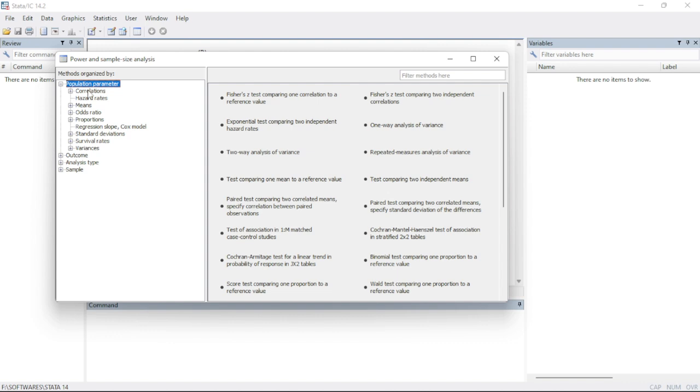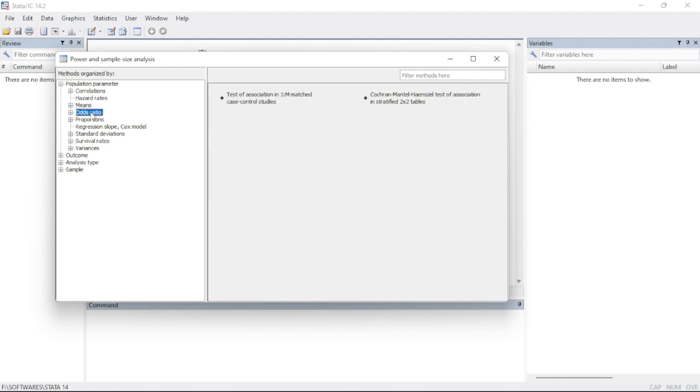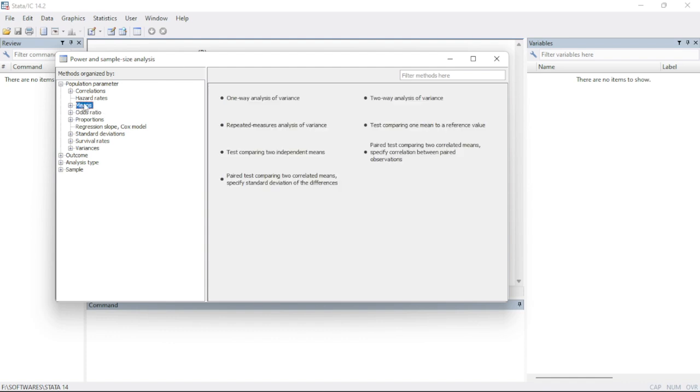In our case, we are generally going to be comparing means. Let's say the mean value for healing before intervention and after intervention, the mean trauma before and after. Most of the things here are around means. If our study was, let's say, logistic regression, we would go for odds ratio, but the mean is our major way of doing comparisons.